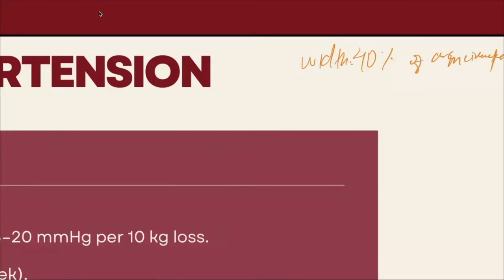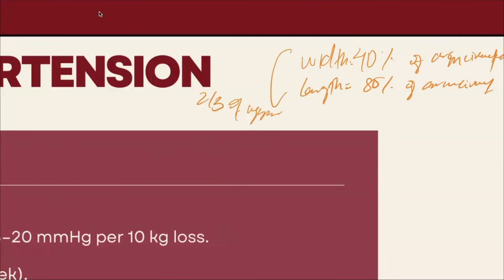That's horrible writing, excuse me. And the length of it should be 80% of your arm's circumference. With this, it should cover 2/3 of the upper arm. This is really technical. I don't see the use of this in your exam. He might just be messing with you guys.